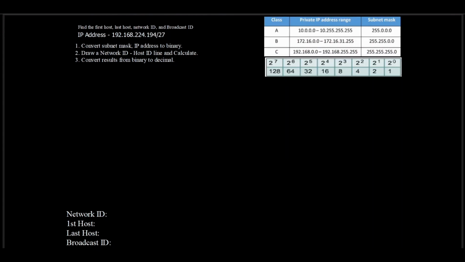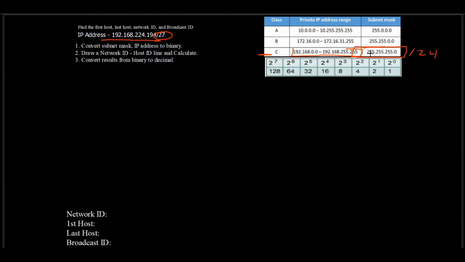So here in this example, I'm using a class C IP address with a subnet of CIDR notation /27. If we go to the chart here, this is within the range. That's correct. My address is 192.168.224.194, and however the subnet mask before subnetting is /24.